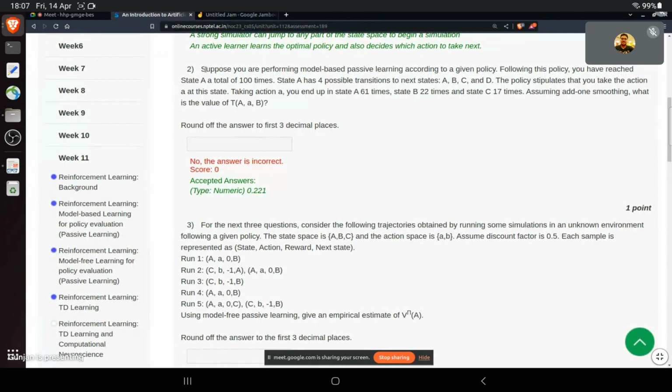Following this policy, you have reached state A a total of 100 times, and you have four possible transitions to the next state: A, B, C, and D. The policy stipulates that you take action A at this state. Taking action A, you end up in A 61 times, B 22 times, and C 17 times. But there is no transition to D. Now it says assume add-one smoothing. What is the value of T(A, B)?